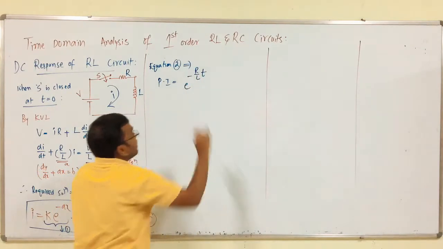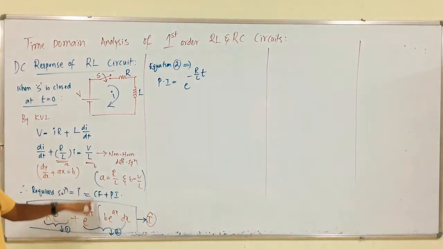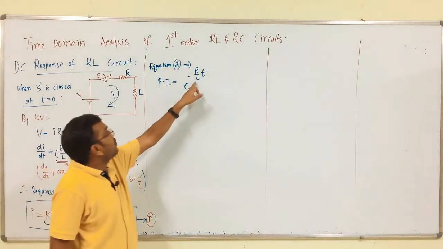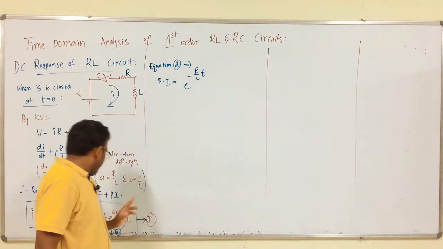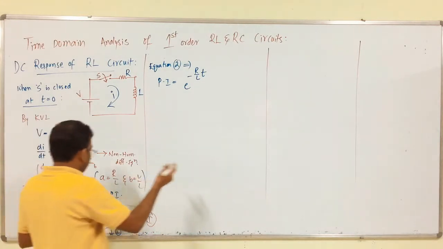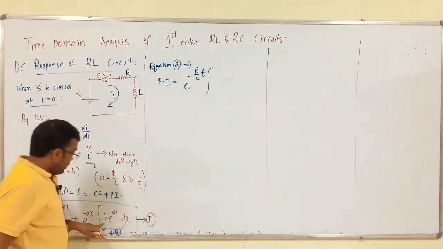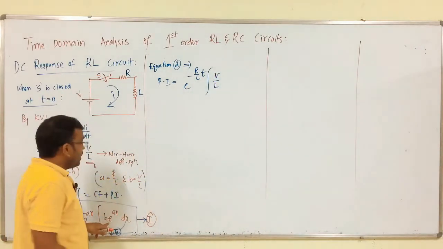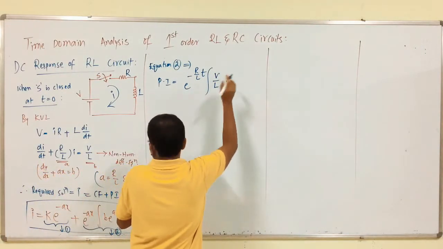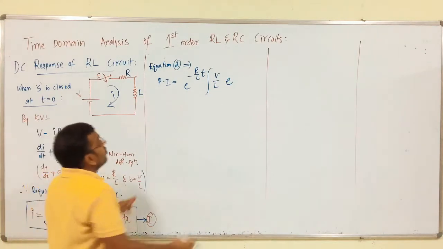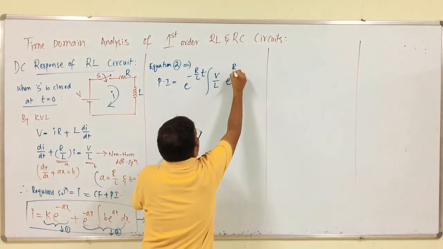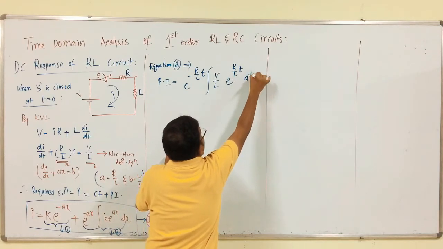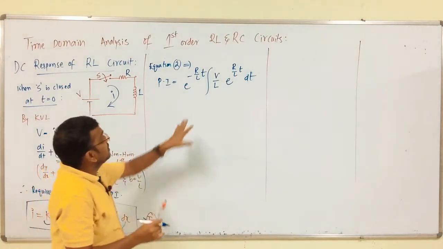T. Here the changing parameter is time, so that is why e power minus R by L into T, plus integral of B. What is the value of B? V by L into e power Ax dx. What is the value of A? R by L into T, dt. Now we have to solve this equation.